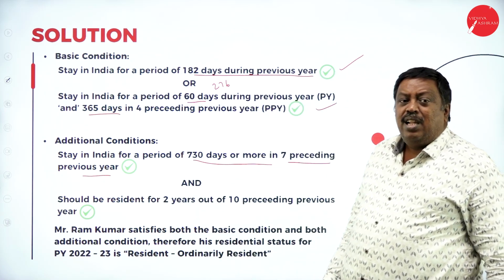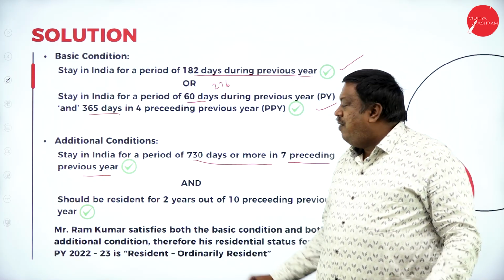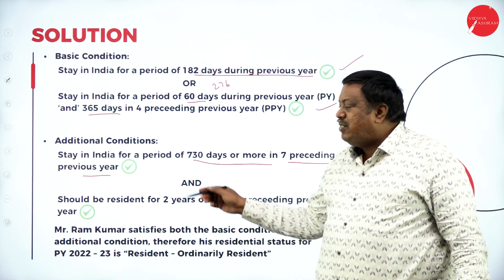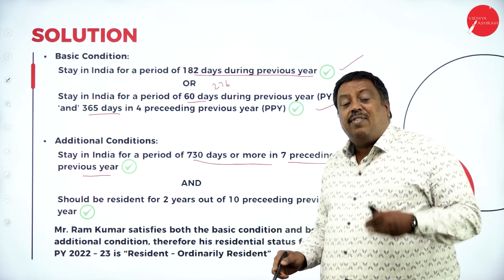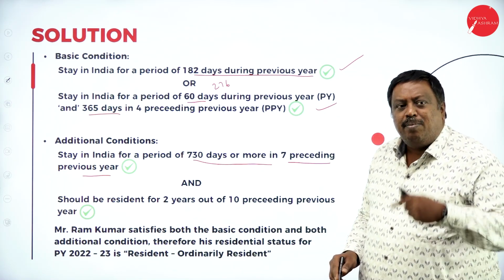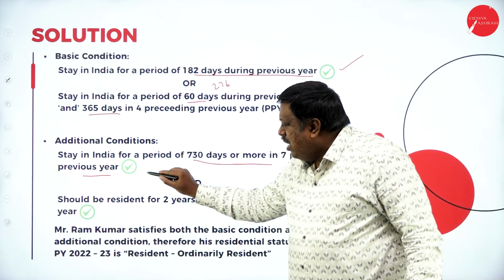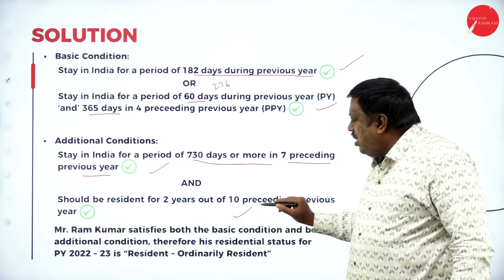They're saying that during 7 preceding previous years, my stay in India, if it is more than 730 days, I've satisfied this condition. I left India for the first time on 5th October 2022 means before that, I was in India only. So I'm satisfying both the additional conditions.